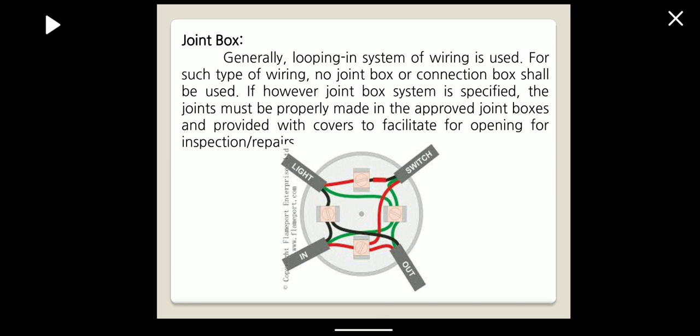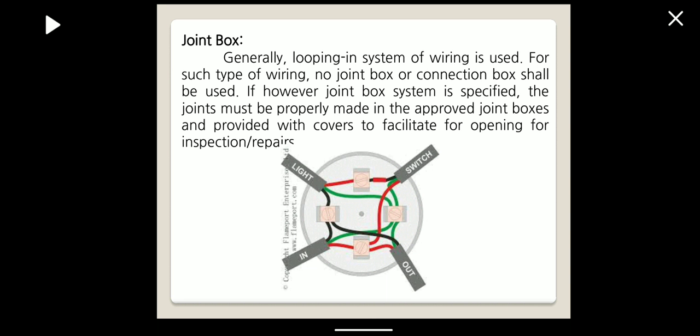The next is the joint box. Generally, the looping system of wiring is used. For such wiring, no joint box or connection box shall be used.